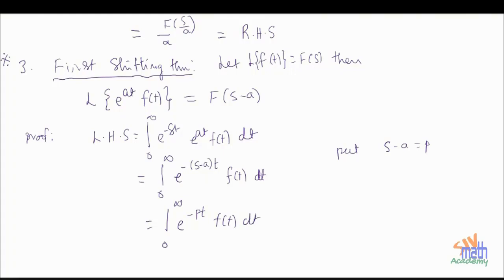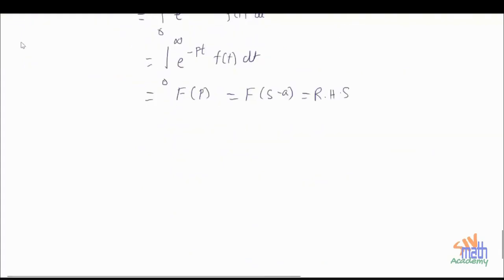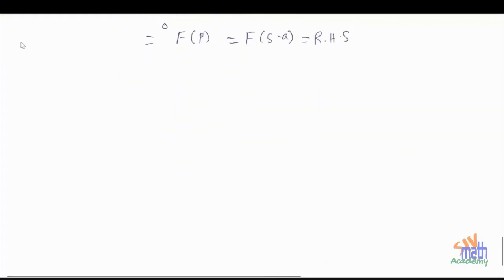So this will be what? F of p it is coming, but f of p is equal to what? F of s minus a, basically. So this is how your RHS is coming. That simple is your proof. This is the first shifting theorem. So this is a very important theorem.